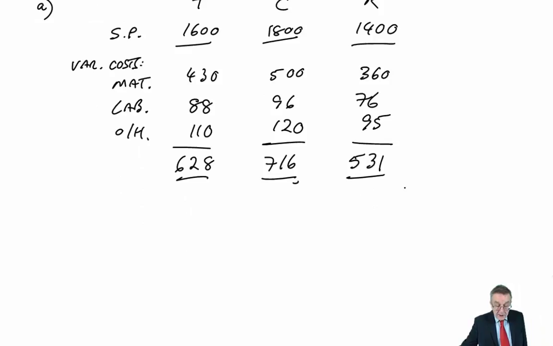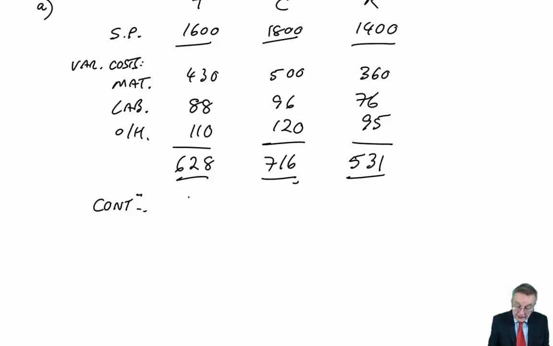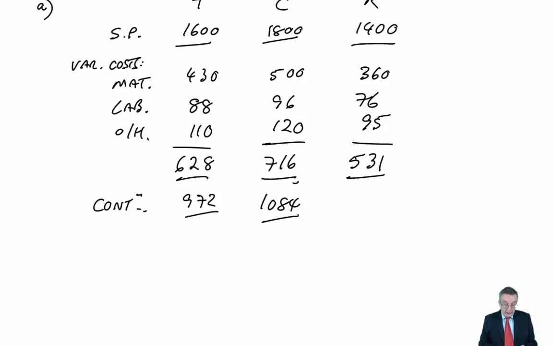And therefore the contribution per unit for T, 1600 minus 628 is 972. For C, $1,084, and finally for R, 869. If you've watched the other lectures, I've said so many times, make sure your workings are neat.